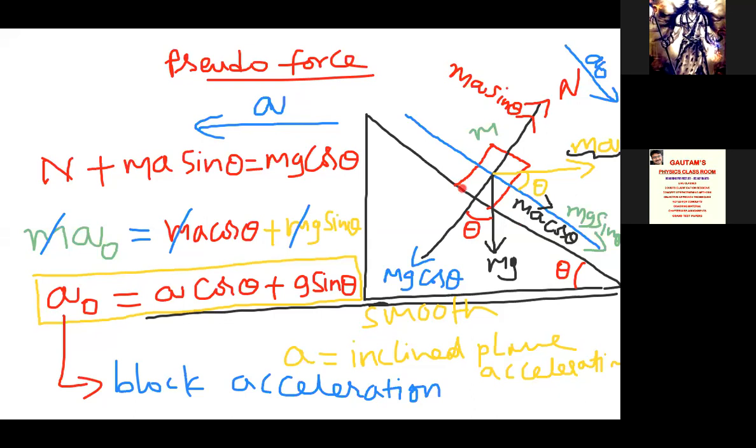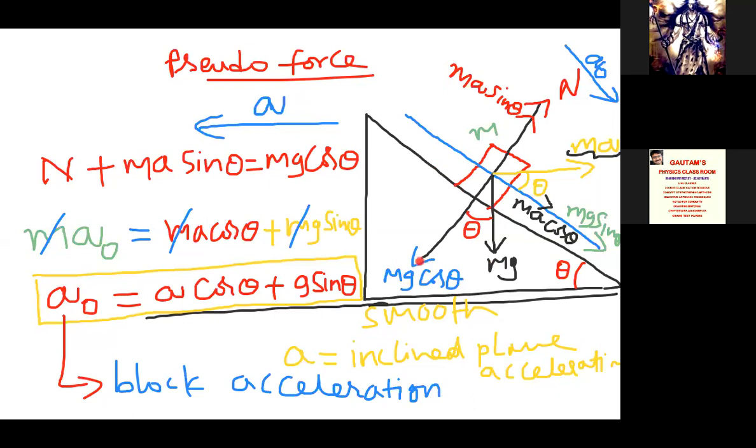Here the slope is also smooth, we don't have any friction. So this ma is the pseudo force. The pseudo force is resolved into components: in this direction ma cos theta, in this direction ma sin theta. Already the weight is resolved into components. Weight always acts vertically downward: mg in this direction, mg cos theta, mg sin theta. We know very well about those things.